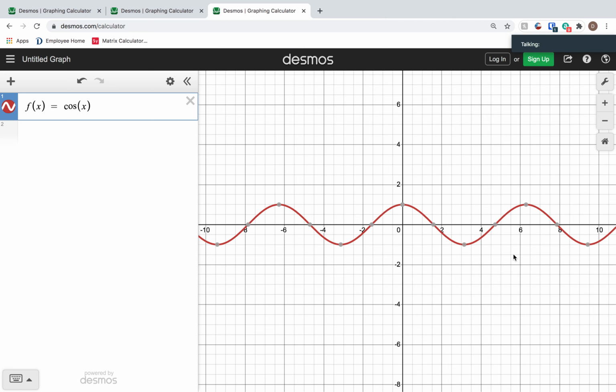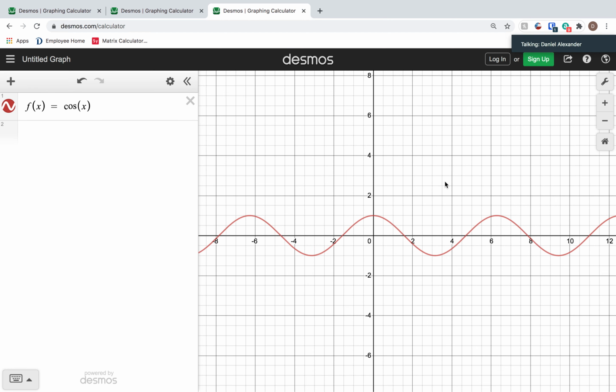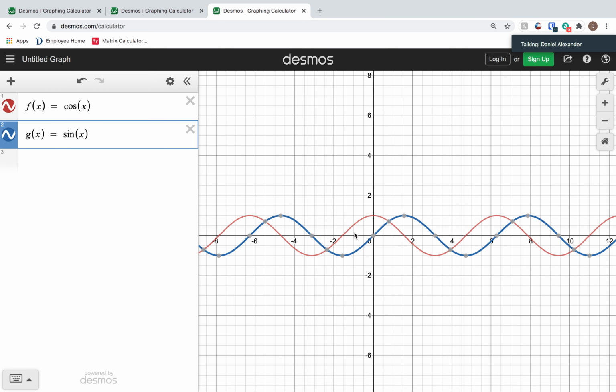Notice that it's pretty much like the sine, except it's like somebody pulled it back a little bit. Remember, the sine looks like this. Let's compare them. The sine is the one in blue, I'm sorry.